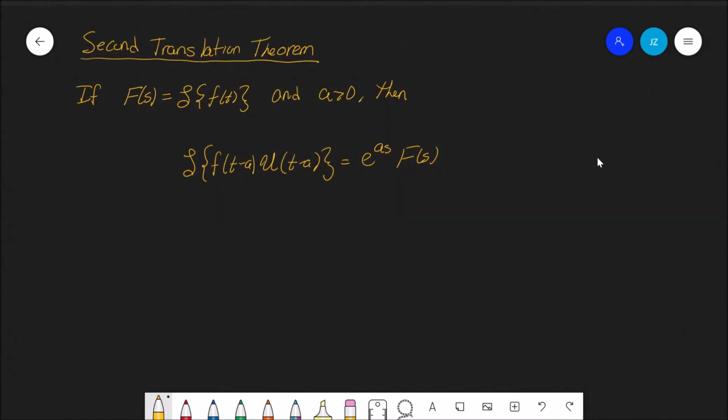An alternative form: Laplace transform of g of t times u of t minus a is equal to e to the negative as times the Laplace transform of g of t plus a.